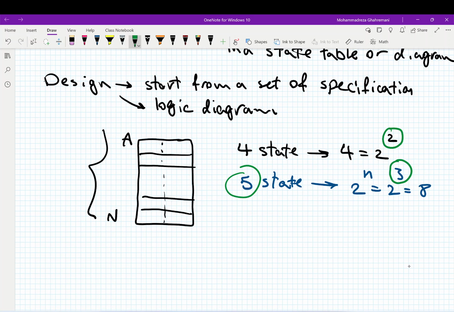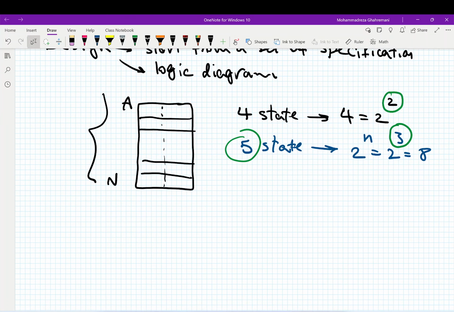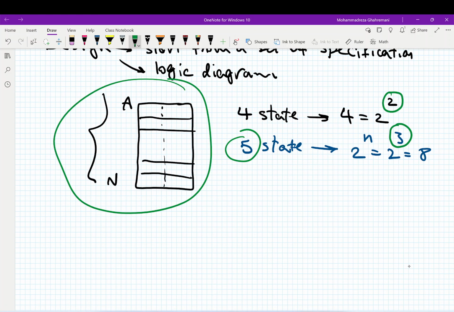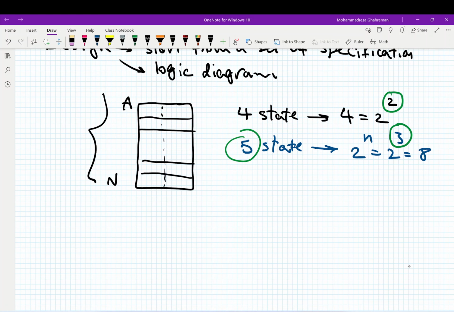But sometimes when we look inside a state table or a state diagram, we see that some of the states are redundant. Some of them, in fact, are repeated.